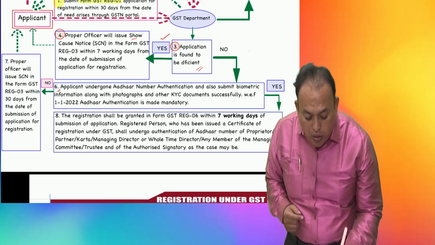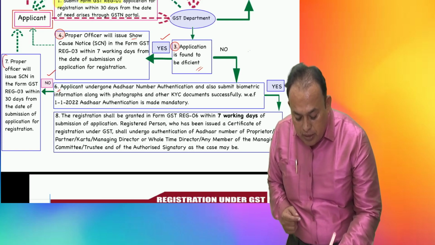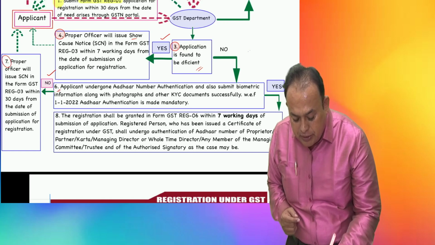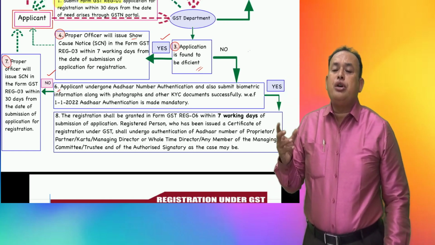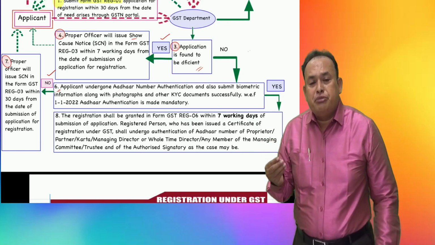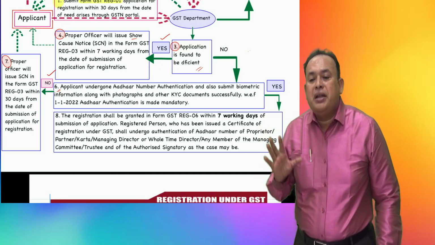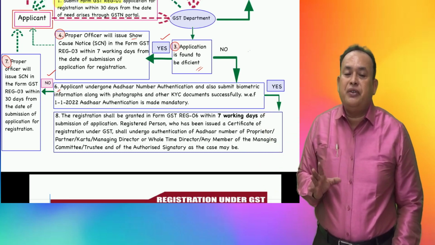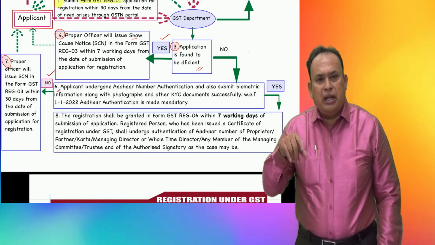If Aadhaar authentication has taken place, fine. If not, step 7 comes into the picture, where the proper officer will issue a show cause notice in the form GST REG 03 within 30 days from the date of submission of the application for registration.